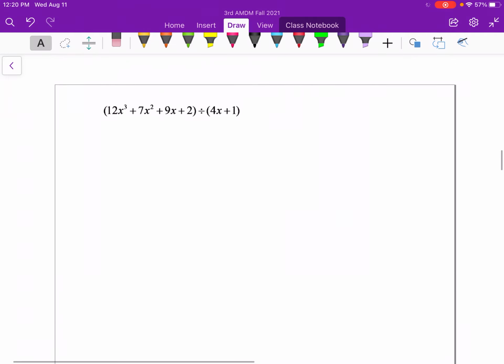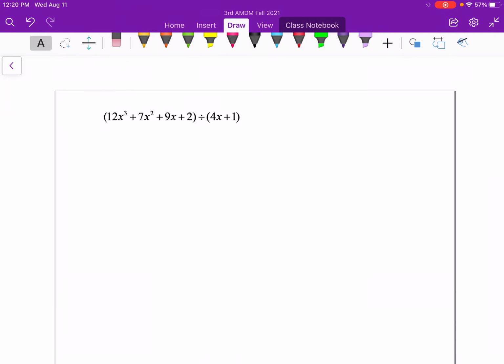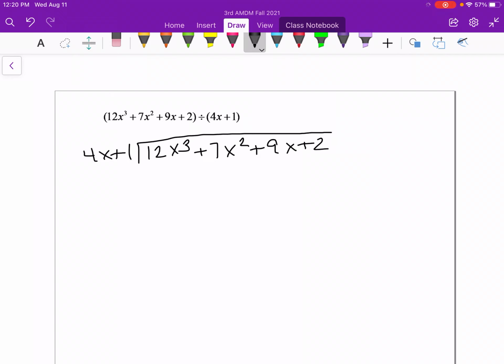So here's the next example. 12x cubed plus 7x squared plus 9x plus 2, and I'm going to divide that by 4x plus 1. I start out by taking 12x cubed divided by 4x.